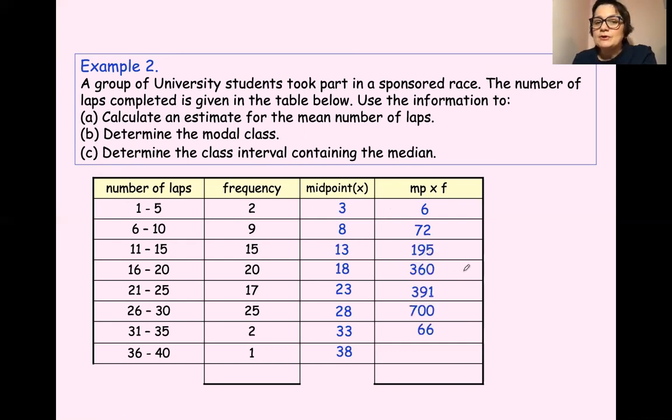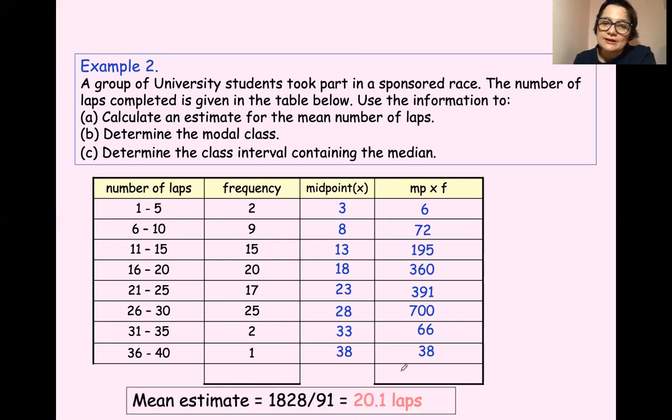And then now, remember, how do you calculate the average? We add all the answers to the multiplications and place the answer here. And then we add all the frequencies. So the sum of all the multiplications is going to be 1,828. And the sum of all the frequencies is going to be 91.